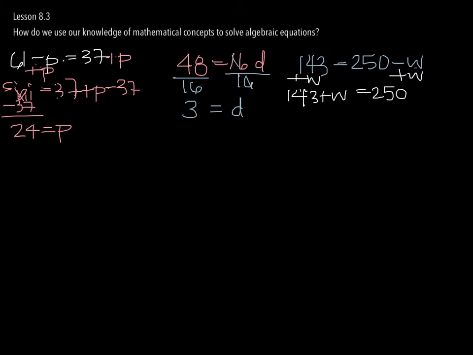And then I'm going to subtract 143, because now that's going to cancel out. I subtract 143 from that, and I'm going to get w is equal to, I think, 107. Again, I try to get my variables on one side, my numbers on the other, and because we're dealing with negatives, I want to bring it over to the positive side, just because we don't really understand negatives very well. All right, so that's the first one.